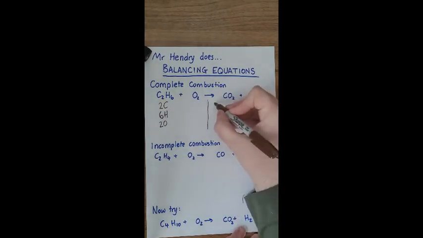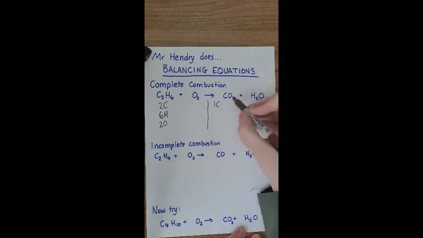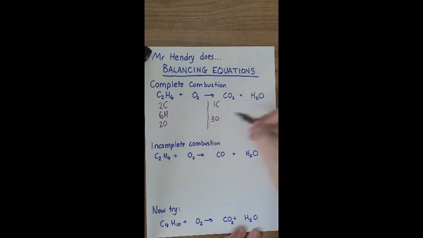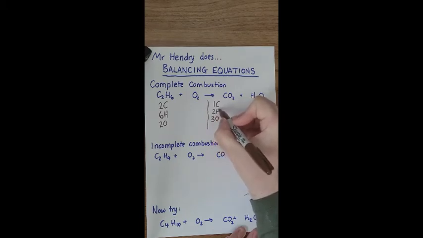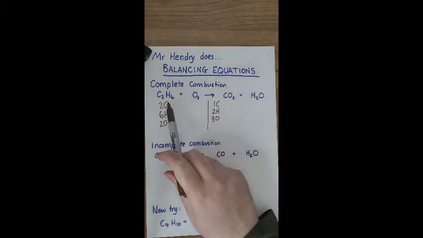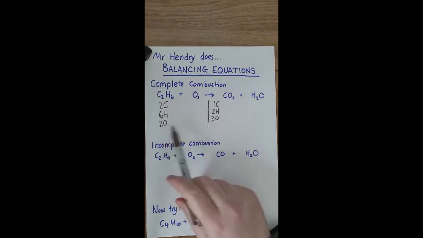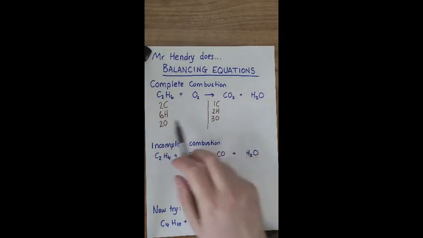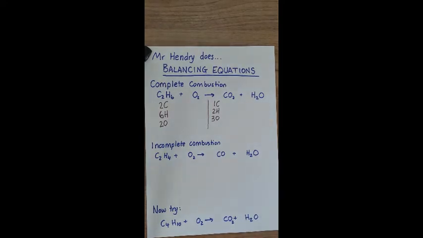When there's no number, that means there's 1 carbon. We have 2 oxygens here and 1 oxygen here, so they need to be added together. And we've got 2 hydrogens. Now I always make sure that I've got the same element at the same step in my column of elements, so it's easy to check which one's which and whether we are balanced.